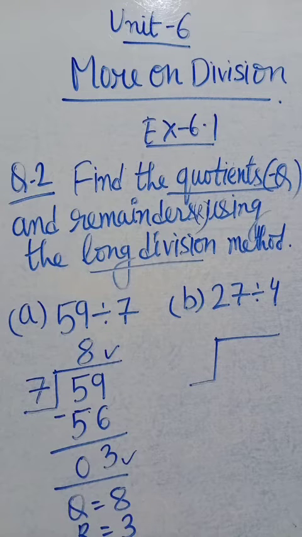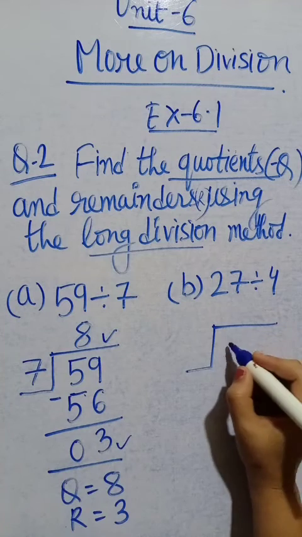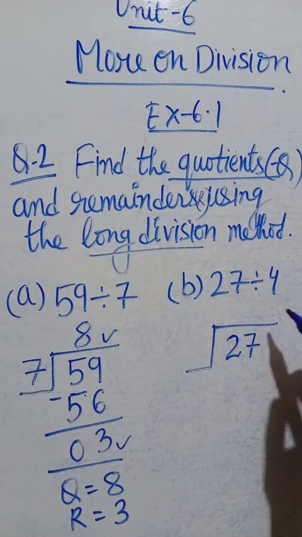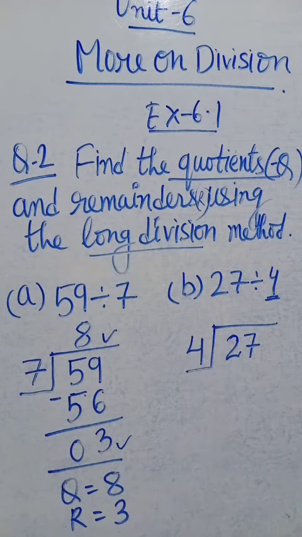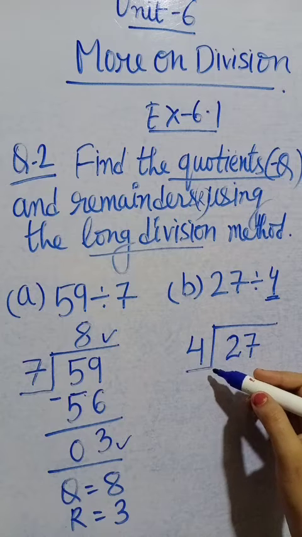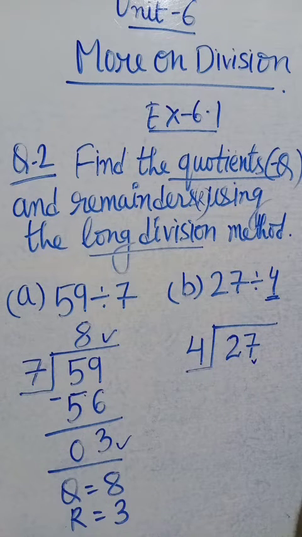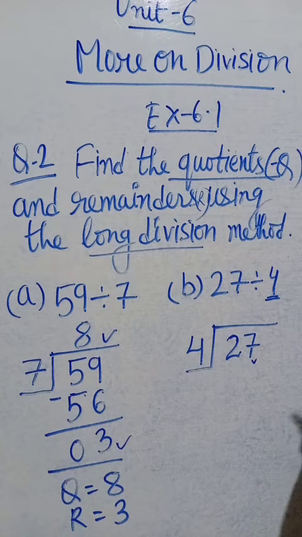Like this only we have to solve the other part also. How can we solve this? 27 is the dividend, that we write inside the divide column, and this is the divisor, that we write on the left side here. Now we have to read the table of 4, by which we divide this dividend. So 4 5s are 20, 4 6s are 24, that is also less than 27.